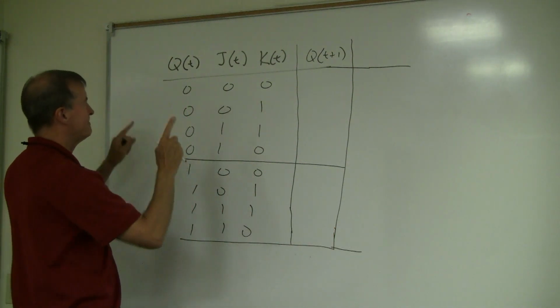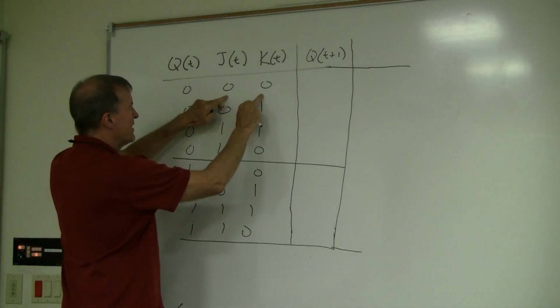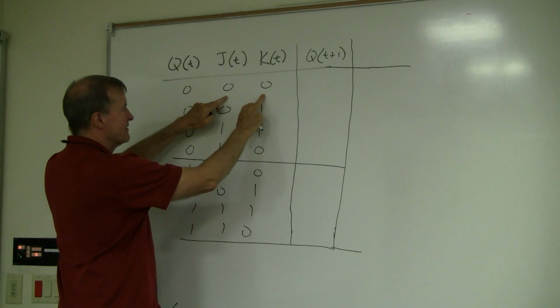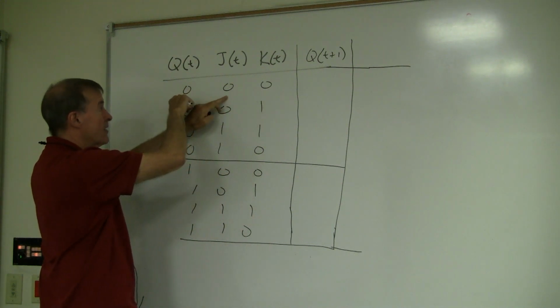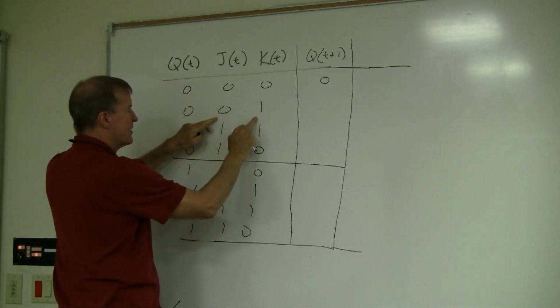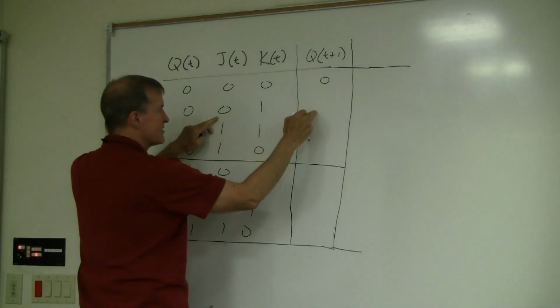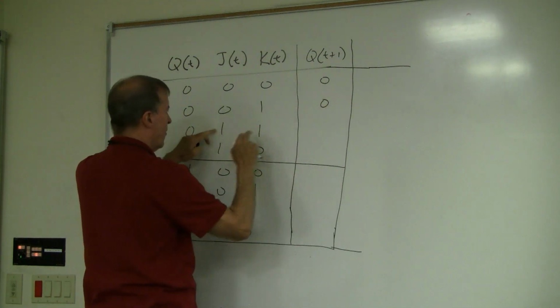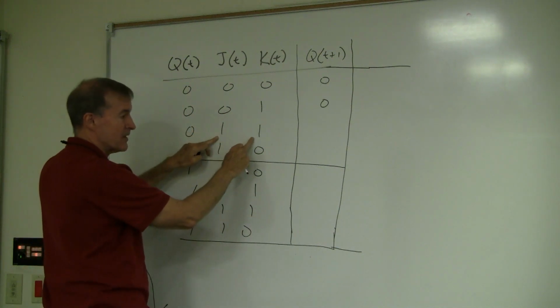Now, let's think a minute. If JK is 0, 0, what condition is that? No change. So if Q was 0 before, after it must stay 0. 0, 1 is what? Reset. So regardless of what Q was, the next state has to be 0. Now with the JK flip-flop, 1, 1 means what?